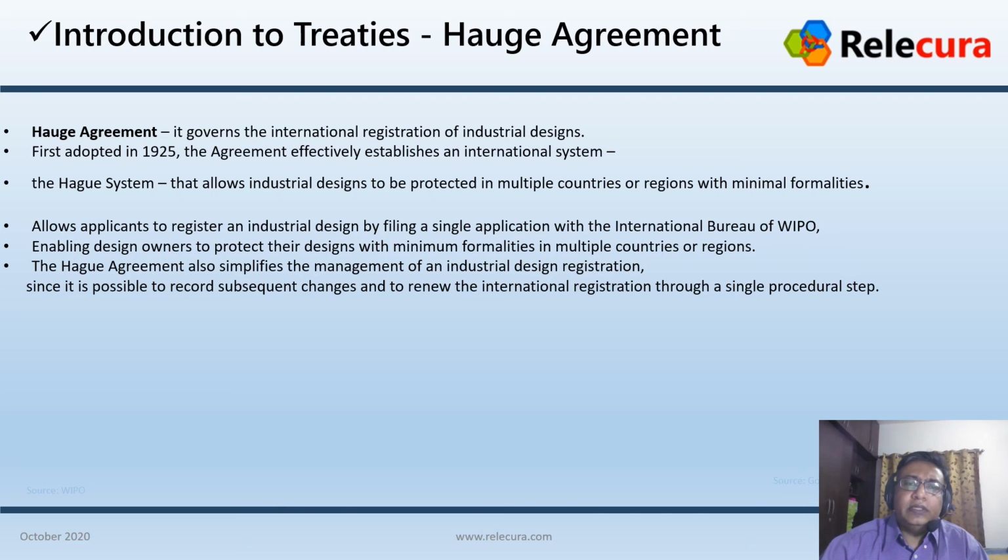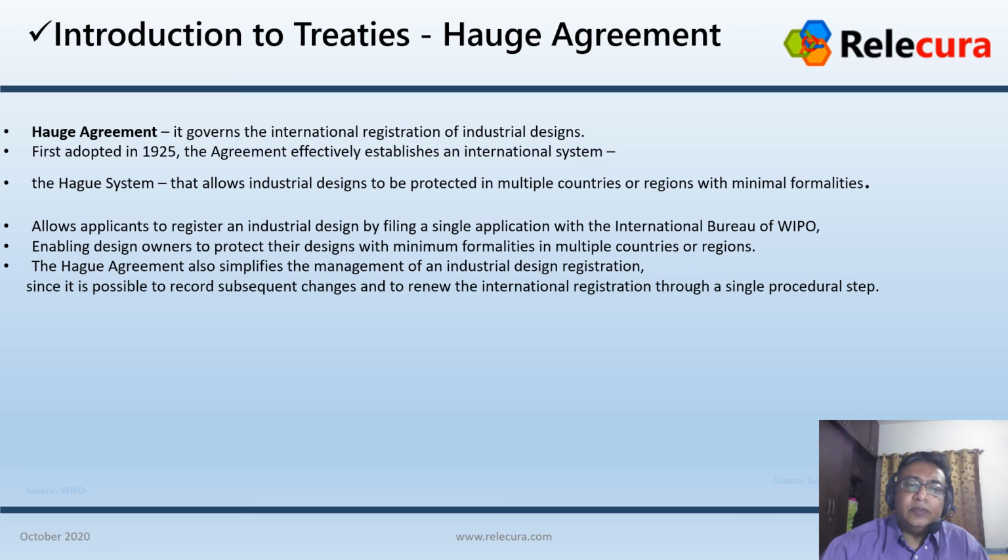This one is the very important Hague Agreement. It is related to industrial design, and it was first adopted in 1925. The agreement was made between all the contracting states which signed this treaty, and it helps simplify the management of industrial design registrations.